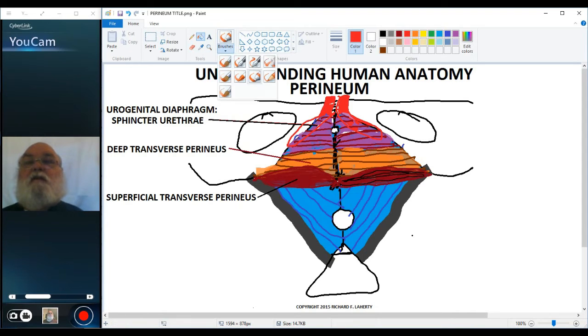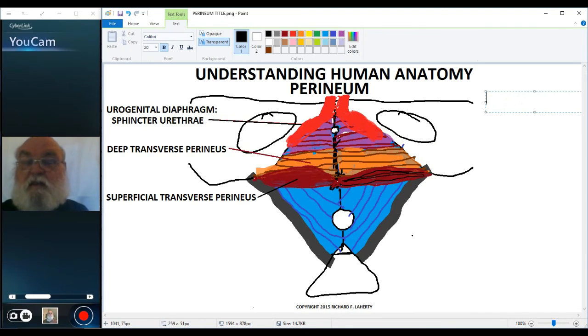And we'll color them in. These are the corpora cavernosa and their crura.